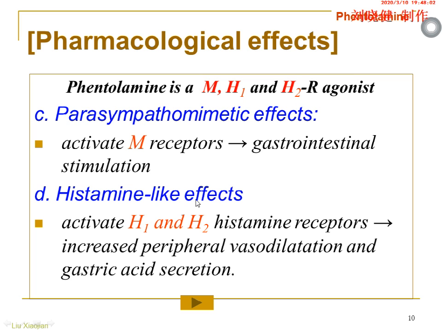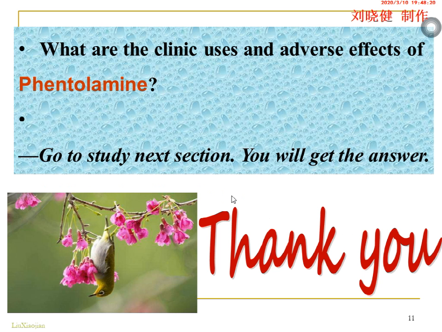Because the blockade of alpha receptor is more obvious than this, these effects just contribute to the adverse effects. So here, based on these pharmacological effects caused by phentolamine, can you guys tell me the clinical uses and adverse effects of phentolamine?